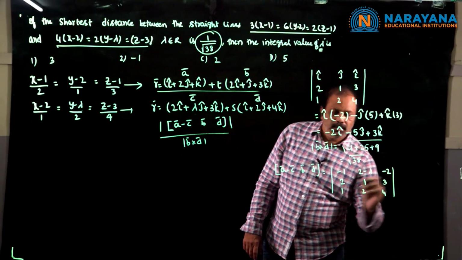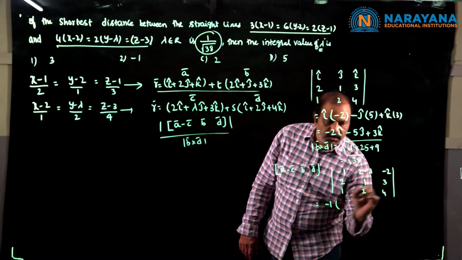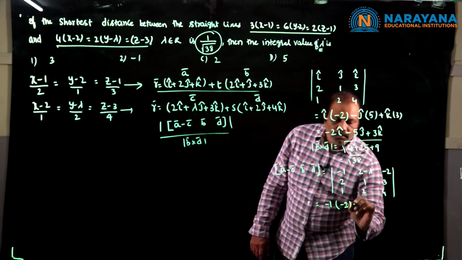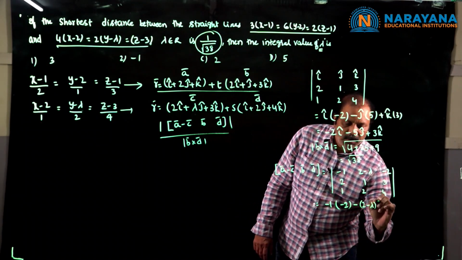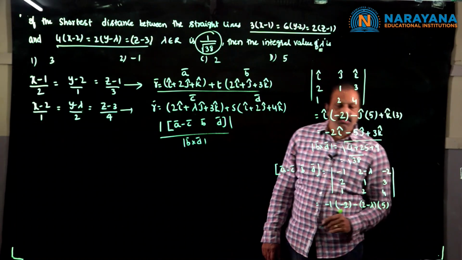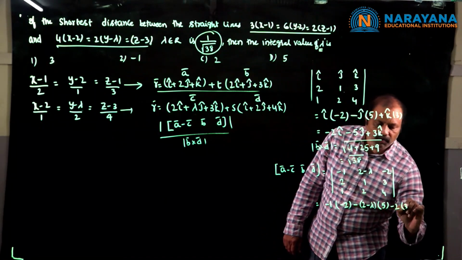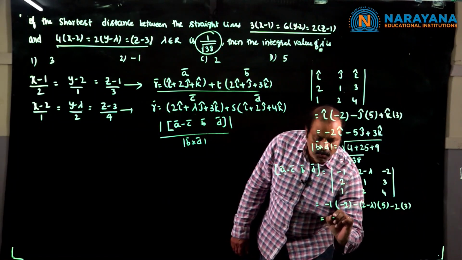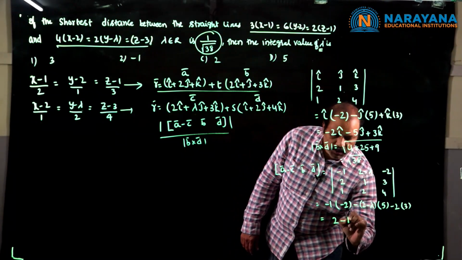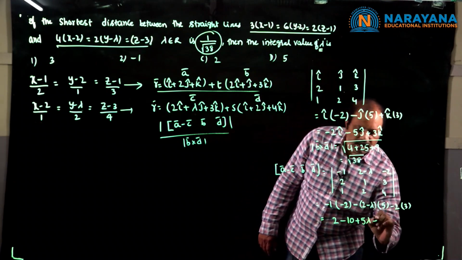By opening this, it is nothing but minus 1 times (4 minus 6), and 4 minus 6 is equal to minus 2. Minus (2 minus λ) times (8 minus 3), which is 5. Minus 2 times (4 minus 1), which is 3. This is equal to 2 minus 2 into 5, minus 10 plus 5λ minus 6.